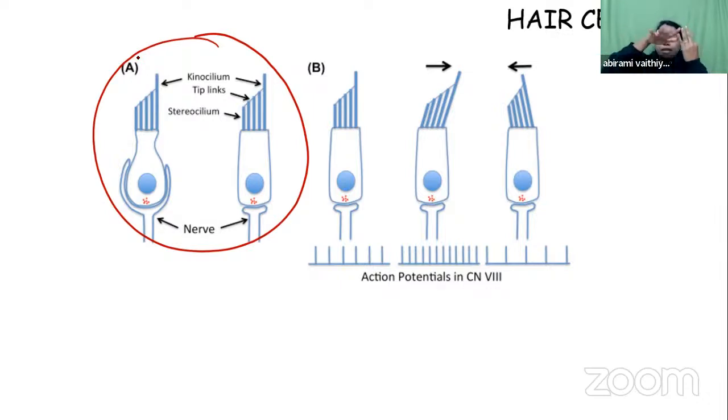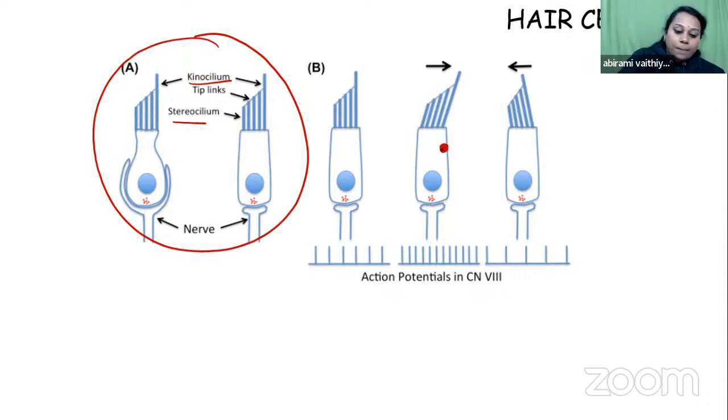When the basilar membrane vibrates, it pushes on the hair cells, and the stereocilia are pushed towards the kinocilium. They are all connected by tip links. So this is going to move the tip links.